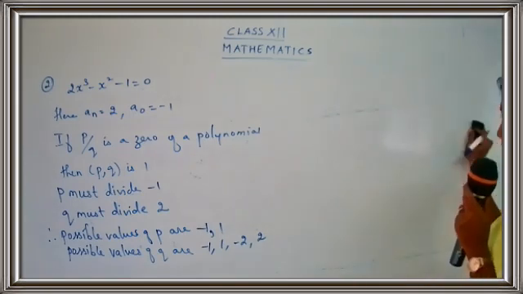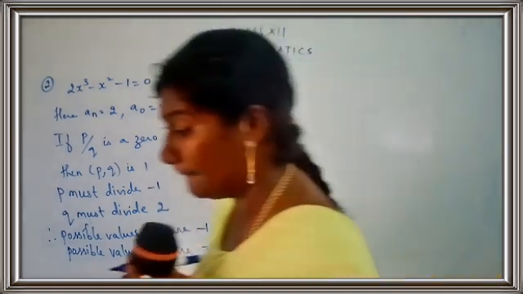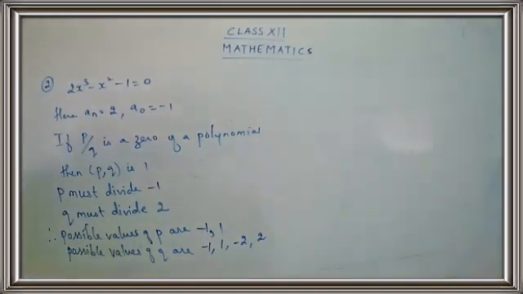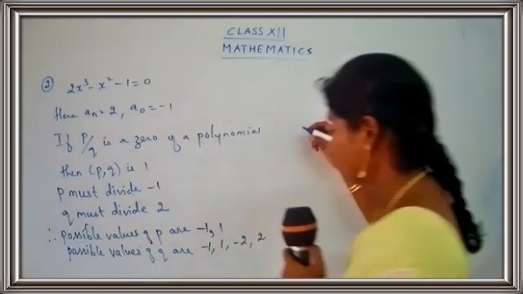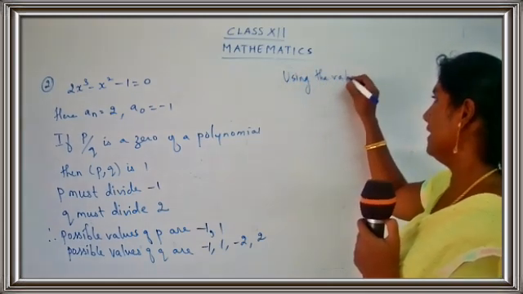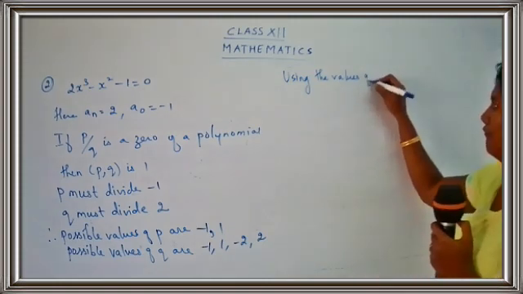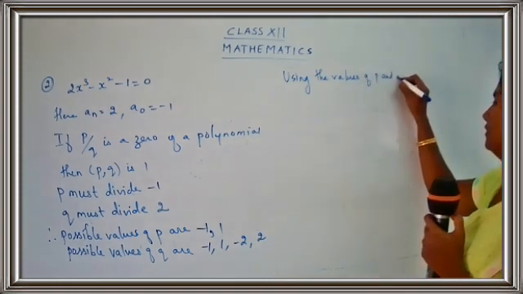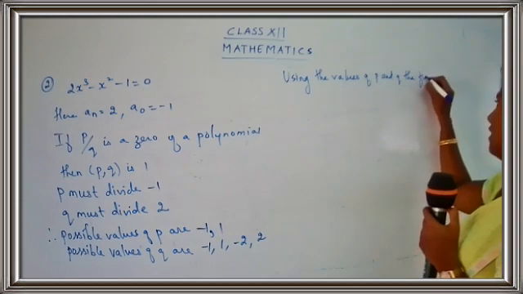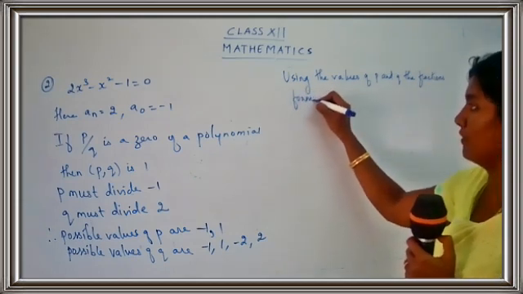Clear? Now, let's go for the next step. So you have to find out the fractions over here. So write down the fractions, using the values of p and q. The fractions formed are... We are going to form the fractions.